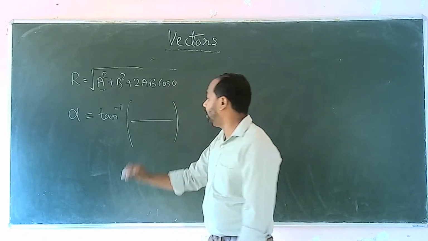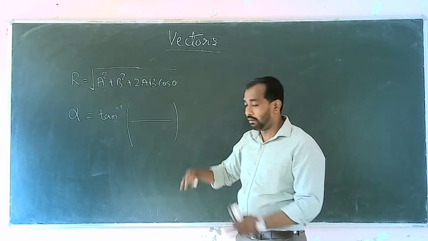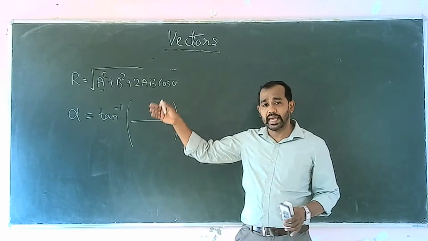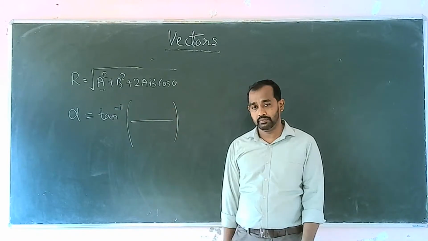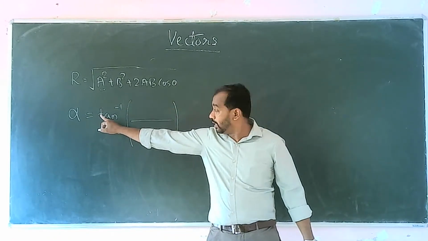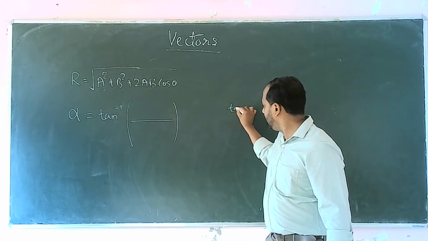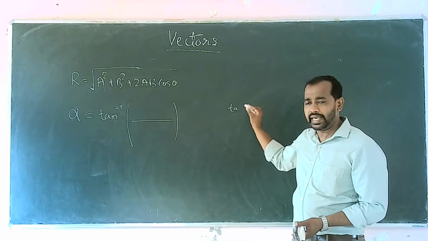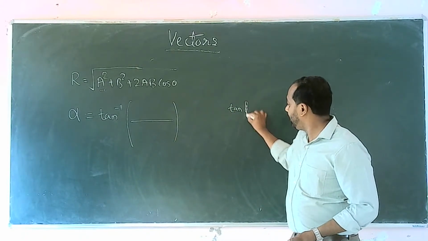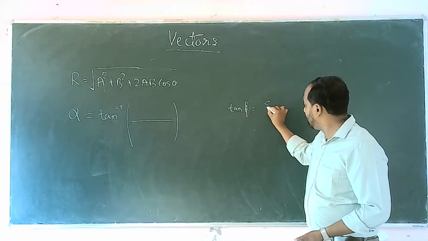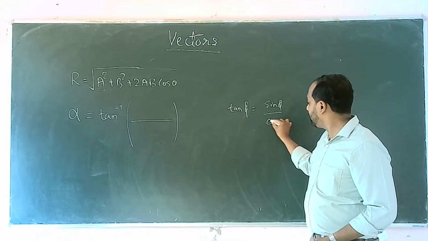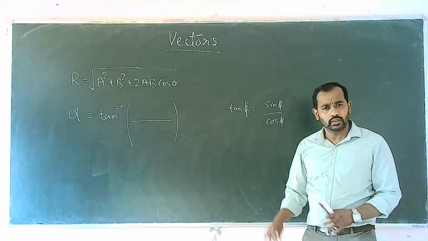In the bracket, I will tell you the knack of remembering this formula. We know that in general, if you consider some angle, say phi, tan phi is represented as sin phi divided by cos phi.